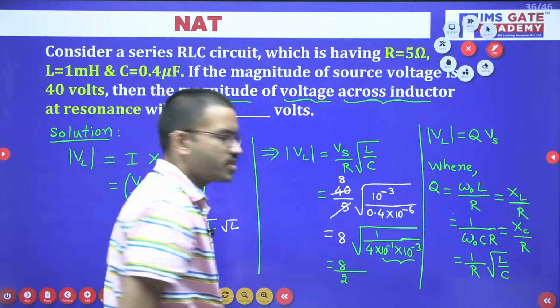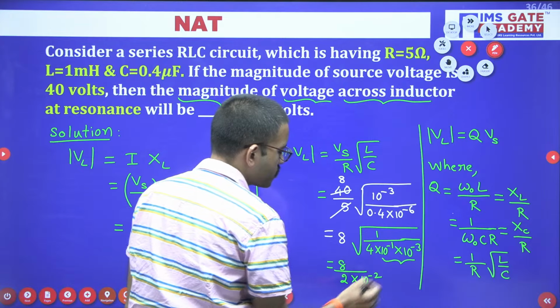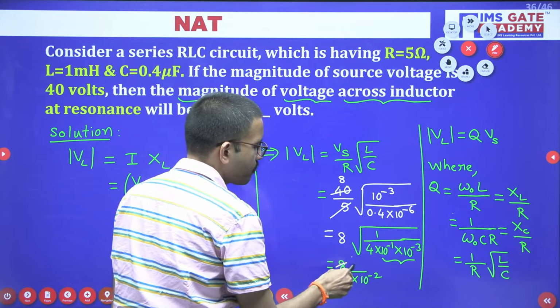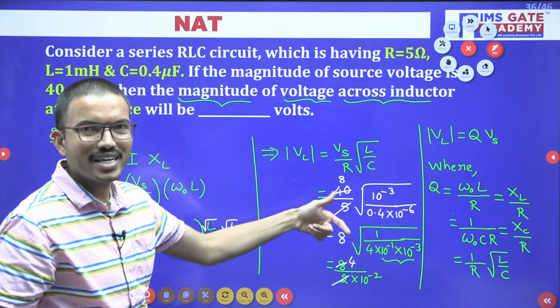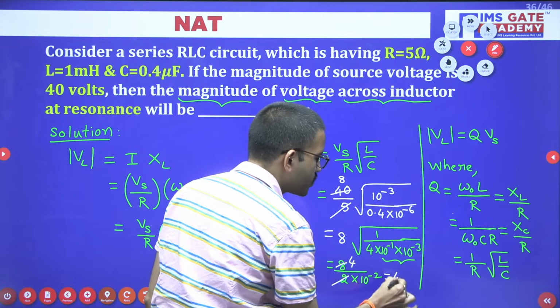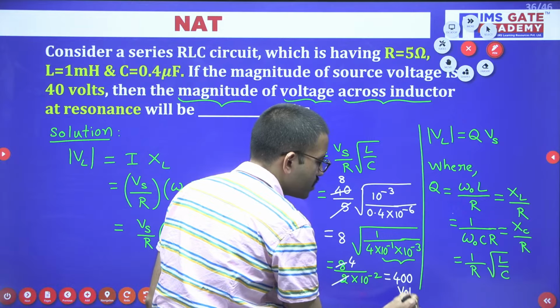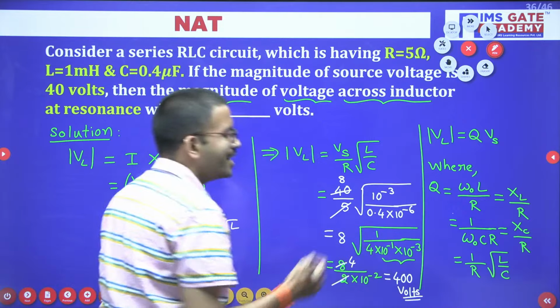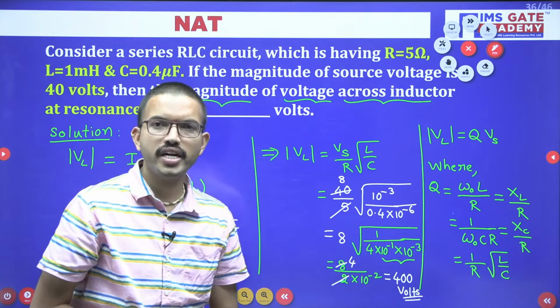Root of 10 power minus 4 is nothing but 10 power minus 2. Here 2, 4 times. 10 power minus 2, if you bring it to the numerator, it becomes positive, 10 square, right? 10 square is nothing but 100. So directly I am writing 400. Units are volts. So the voltage across the inductor at resonance in the series RL circuit, for this question, you are getting 400 volts.